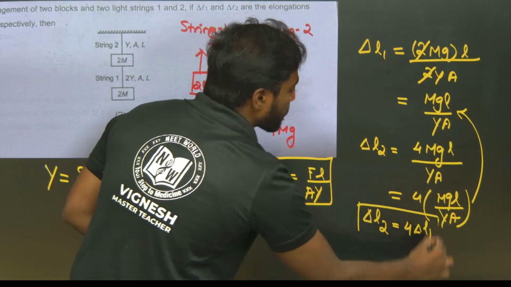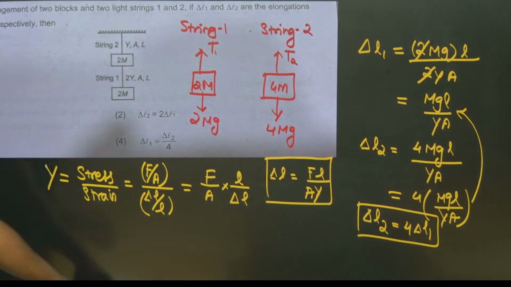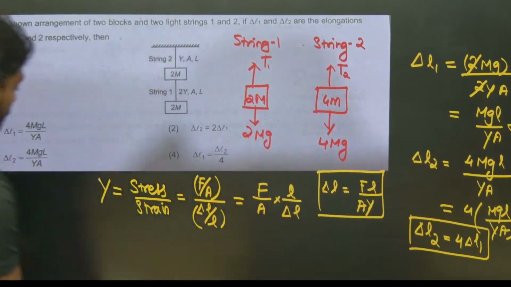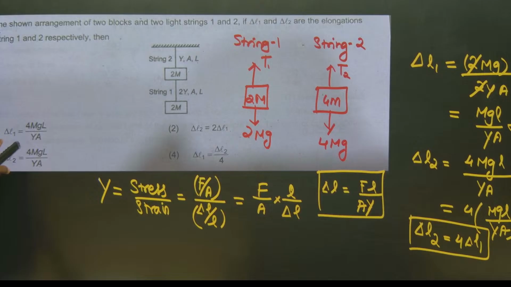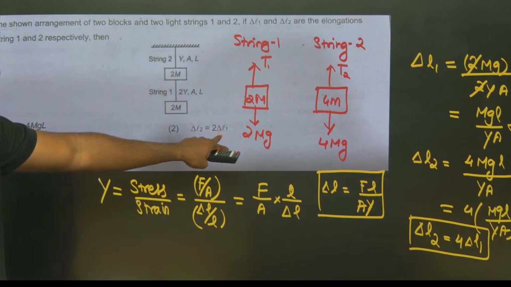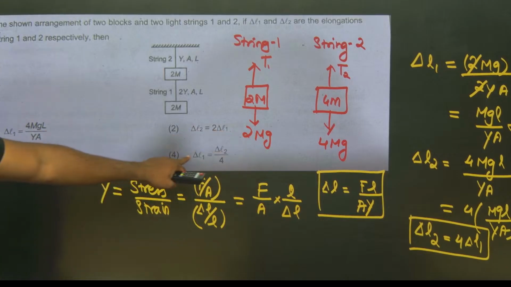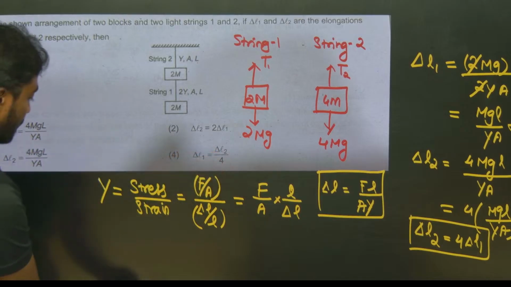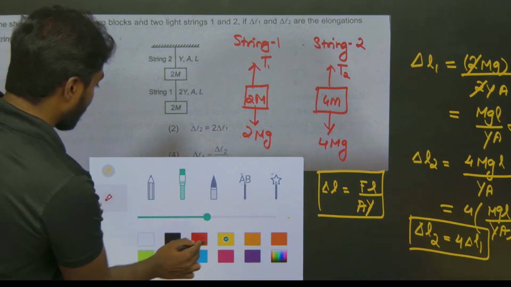So now see the options. What are the options given here? Delta L1 is equal to 4 mgL by YA. Delta L2 is equal to 2 delta L1, and delta L1 equals delta L2 by 4. So this is the correct option. Okay, I'll mark this one.